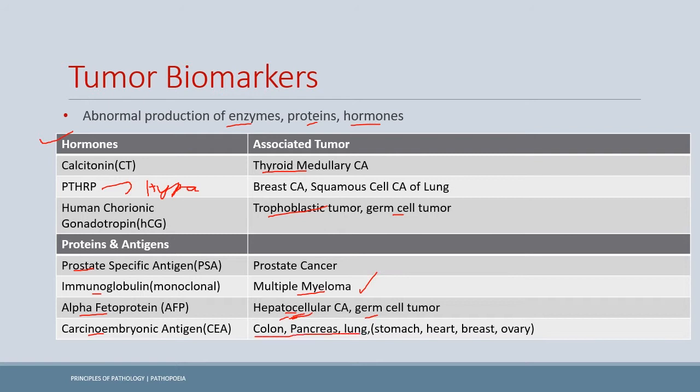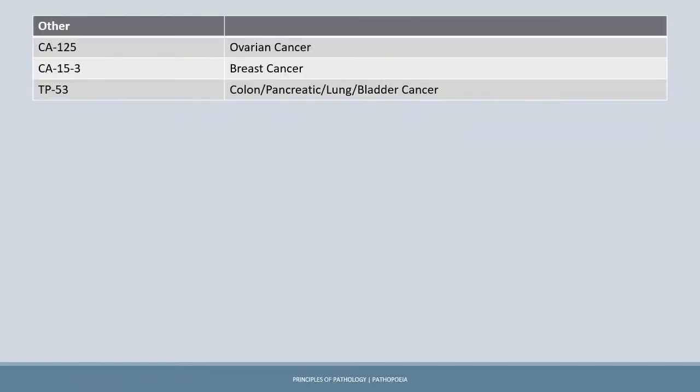Now, it is also useful in stomach, heart, and breast and ovary, but we have other tumor markers for the same. Like I said, for ovarian carcinoma and breast cancer, we have the CA125 and CA153. And for the colon, pancreatic, lung, bladder cancers, we generally have the TP53 variants.